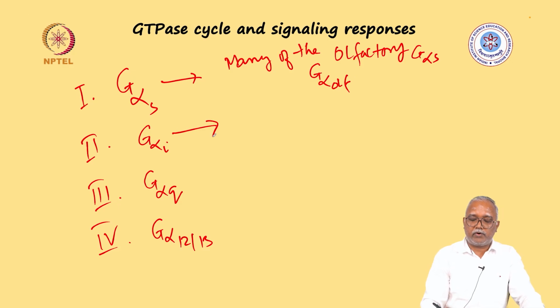Similarly, G-alpha-I, we know that it will reduce the level of cyclic nucleotide. There are examples of G-alpha which is labeled as T for transducin.